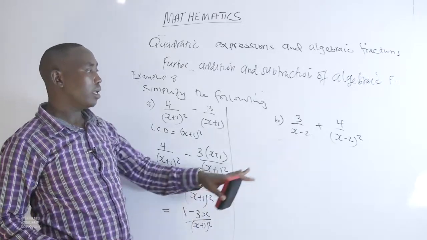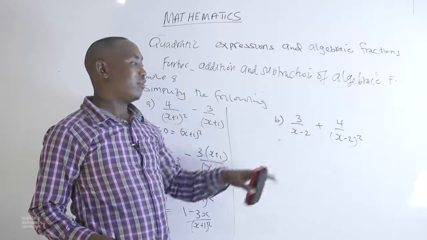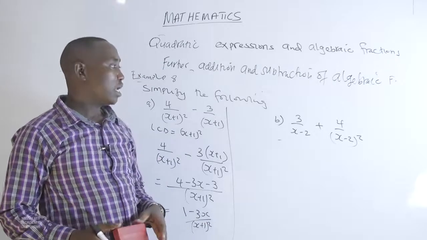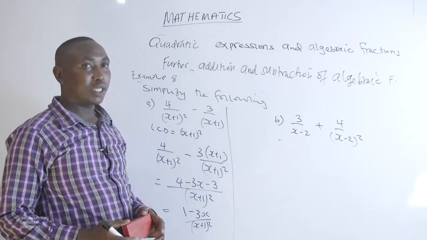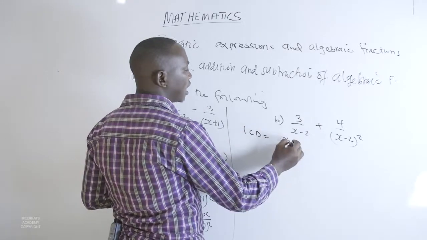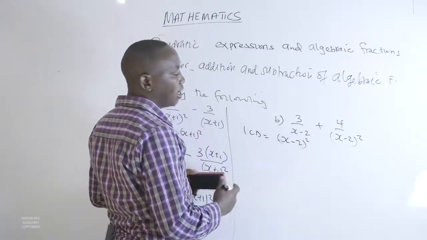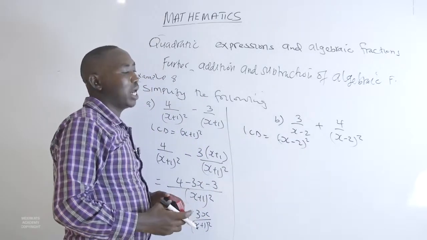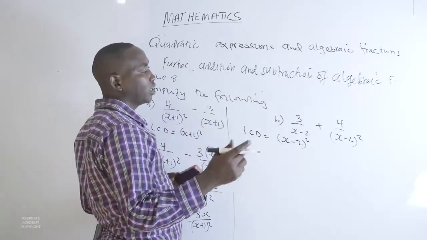Number B, we have 3 all over x minus 2 added to 4 all over (x minus 2) squared. Now the LCD in this case is going to be the highest term, which is (x minus 2) squared. Now x minus 2 goes into (x minus 2) squared, x minus 2 times.